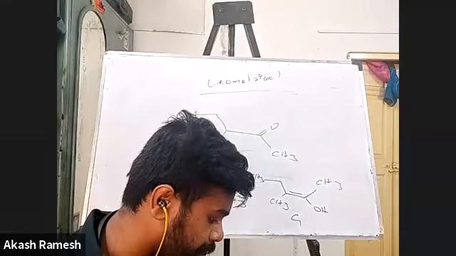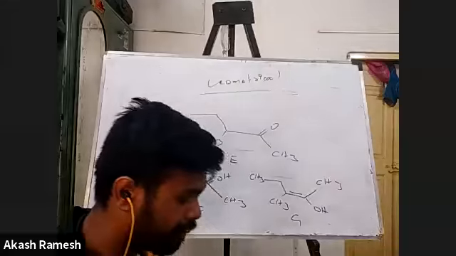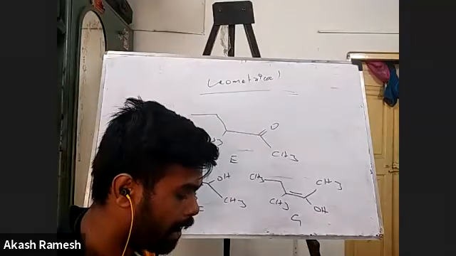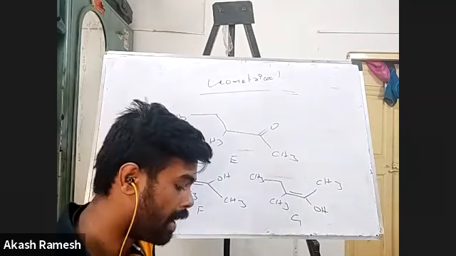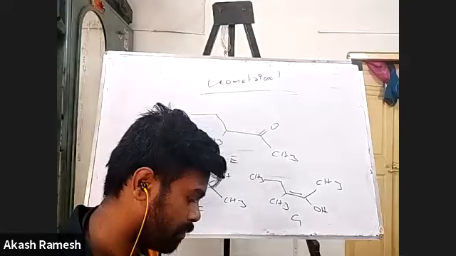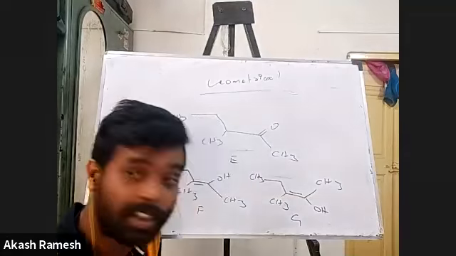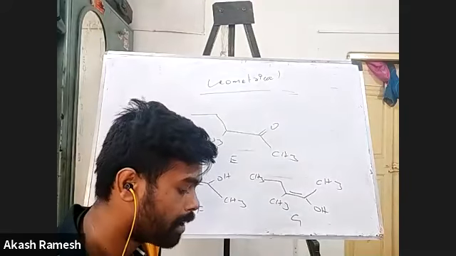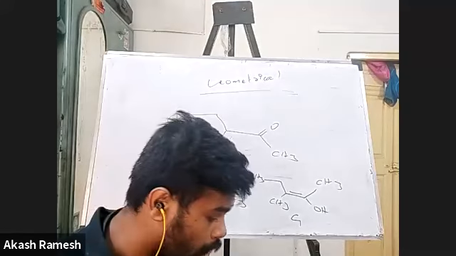Option B: E, comma F and E, comma G are tautomers.